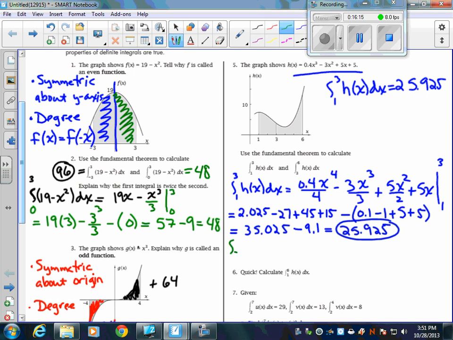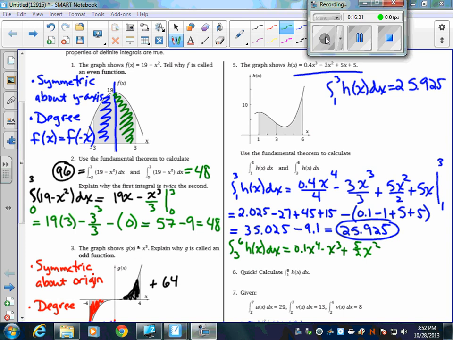Now I'm going to evaluate the second one. The second one was from 3 to 6 of h of x dx. Well, I've already got my antiderivative. 0.1 x to the fourth minus x cubed plus 5 halves x squared plus 5x. And a straight line to indicate I have not taken my antiderivative.